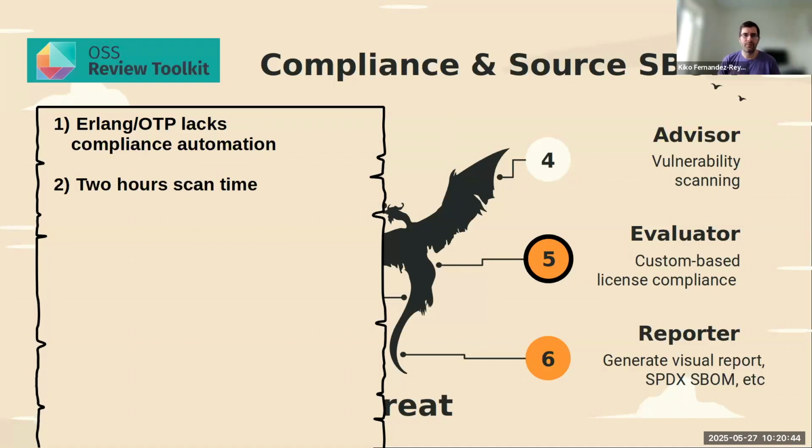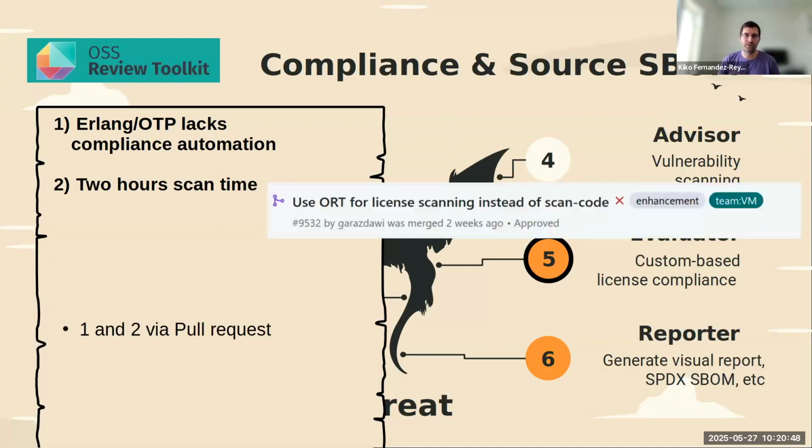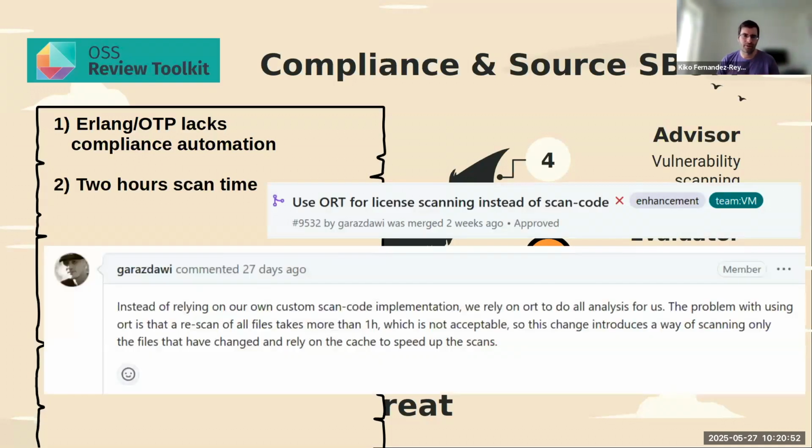We still have the issue of 2 hours of scanning time. And to fix that, we created a pull request. Lucas created a pull request. Lucas is from the Erlang OTP team, and it says that instead of relying on the ScanCode custom script that we have, we're going to do it in ORT. And the problem is that ORT does a rescan and it takes more than 1 hour.